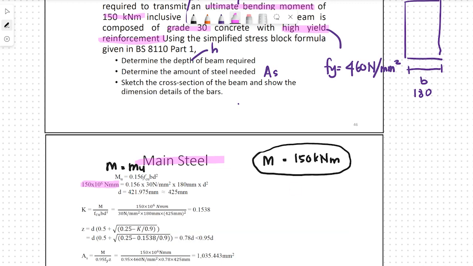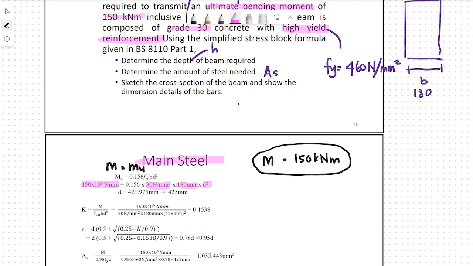Okay, so 0.156, the FCU given is grade 30 concrete, and B is 180, then we're going to find the effective depth, which is the D. Right, so here in my calculation, I get 421.975 and I round it up to 425. So D here is the minimum.